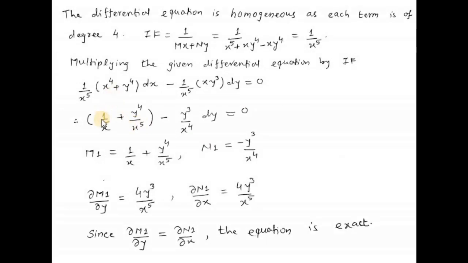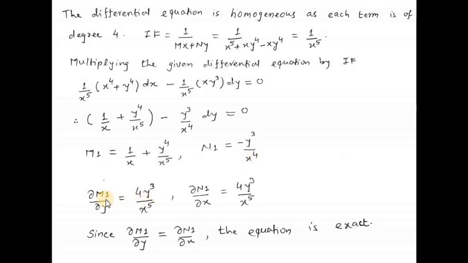Simplifying, it will be (1 divided by x plus y raised to 4 divided by x raised to 5) dx minus y cube divided by x raised to 4 dy equal to 0. Now we compare this equation with M1 dx plus N1 dy equal to 0. So M1 will be 1 divided by x plus y raised to 4 divided by x raised to 5, and N1 will be minus y cube divided by x raised to 4.